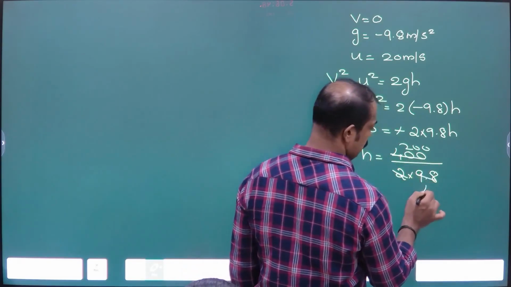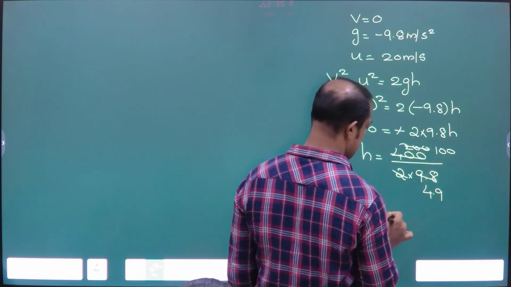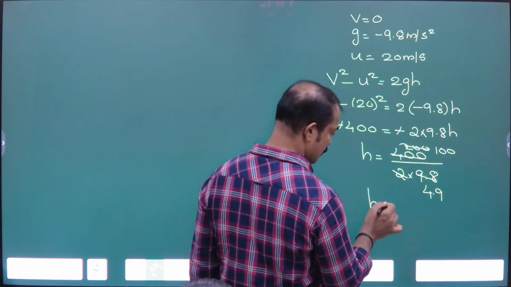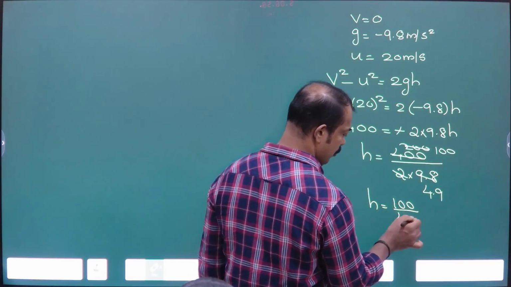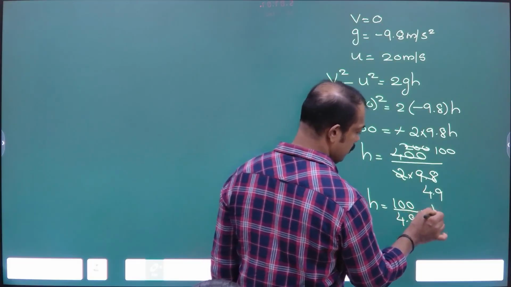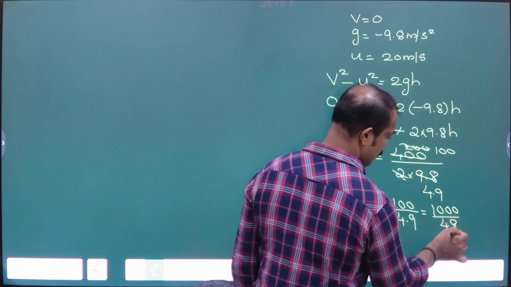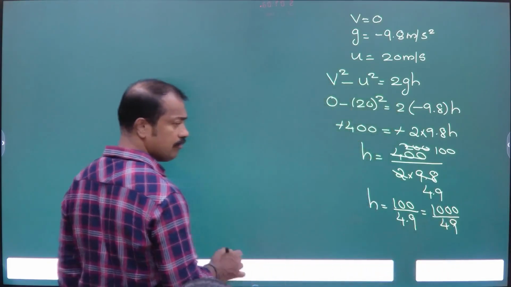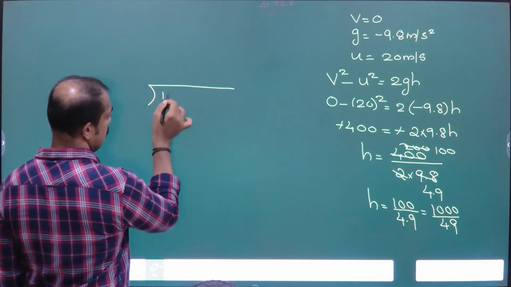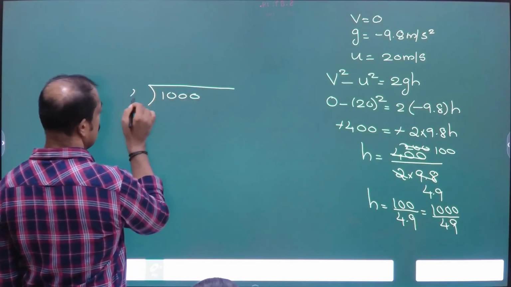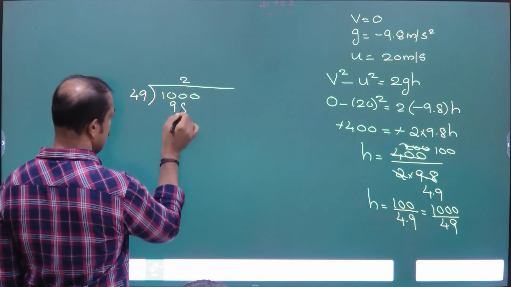Again 2, 4.9, here it is 100. Now H is equal to क्या है 100 divided by 4.9. Remove the decimal. क्या होगा 1000 divided by 49. अब डिवाइड करना देखो, 1000 it is 49. ये 100 में 2 times 98.